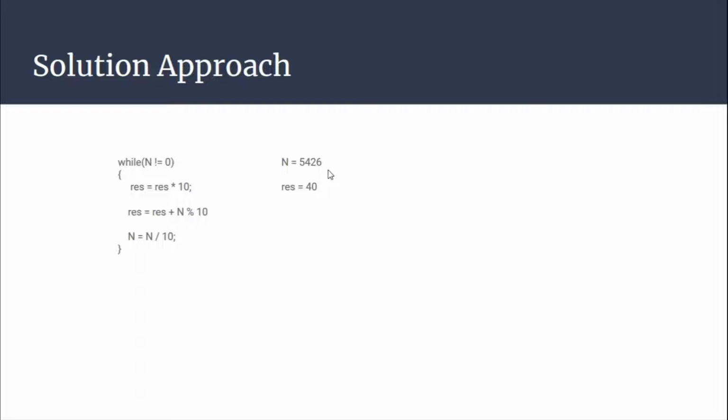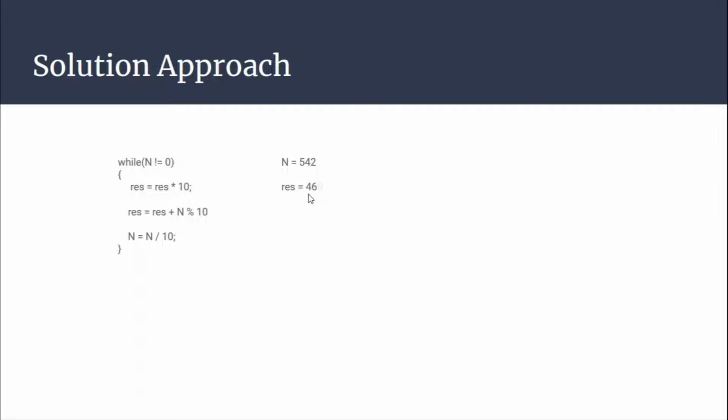The last digit of n is 6, so result plus 6 is 46. So you can see, by multiplying with 10 we create a new place, and then by adding the last digit from n, the last digit is transferred from n to result, and finally n is equal to n by 10, which means a removal of the last digit from n.